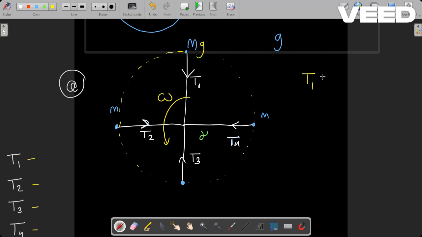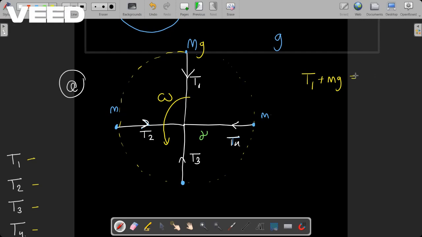So T plus mg, same direction, equals the overall force, no other force is acting on that, and M is the mass, R omega squared is its acceleration.